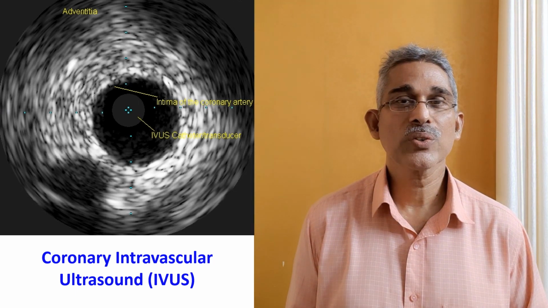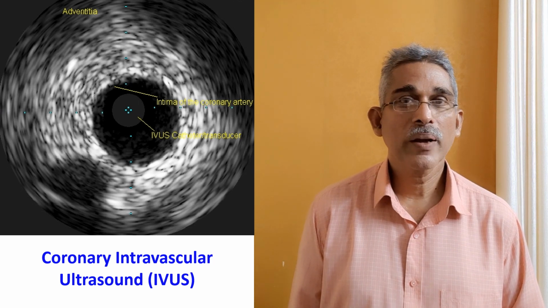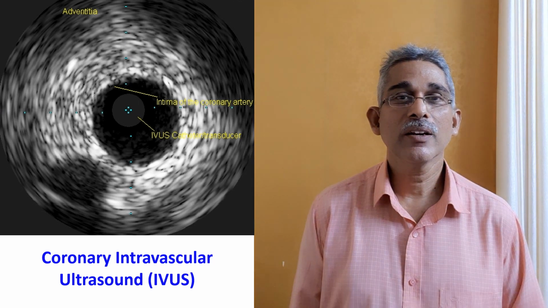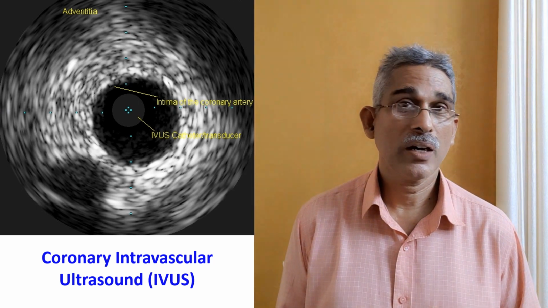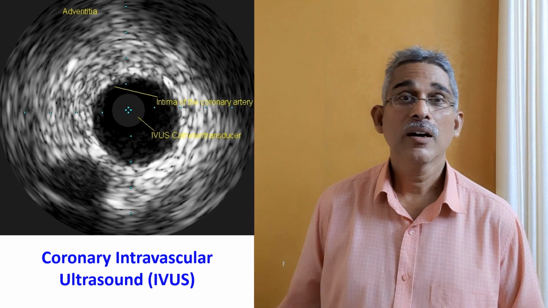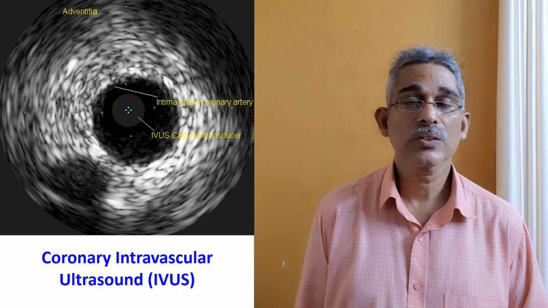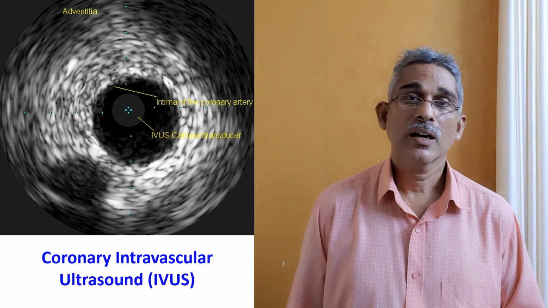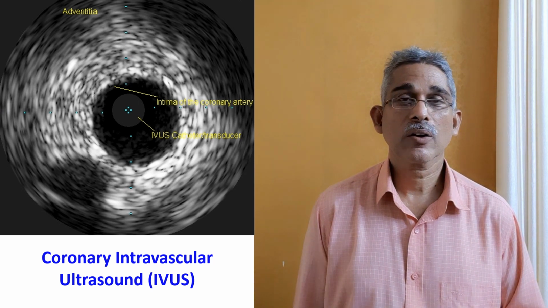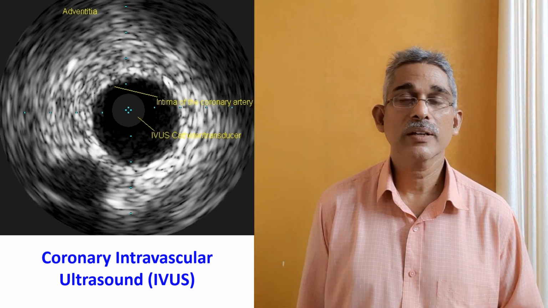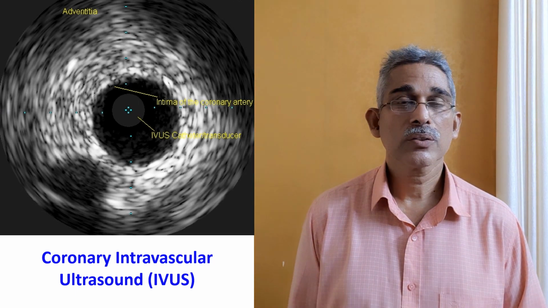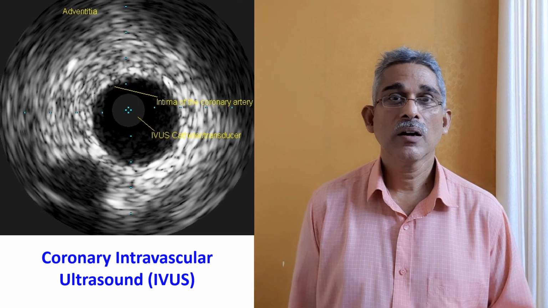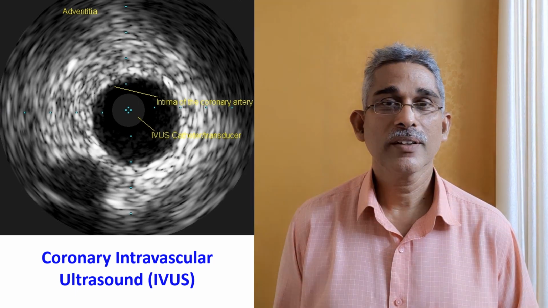You can introduce a wire with a Doppler transducer on it into the coronary artery, and it can detect velocities or rather gradients across a stenosis. That is known as intracoronary Doppler. It is used for estimation of fractional flow reserve. Those are all advanced forms of, or rather invasive forms of, echocardiography.